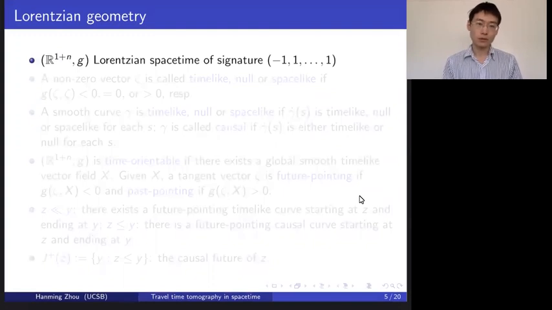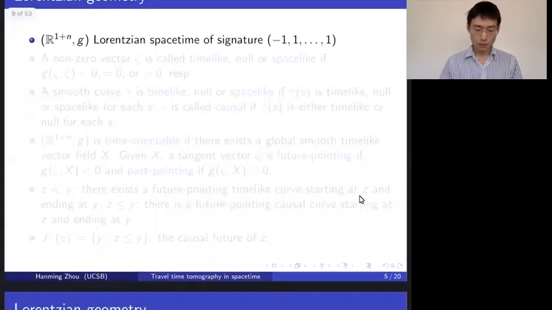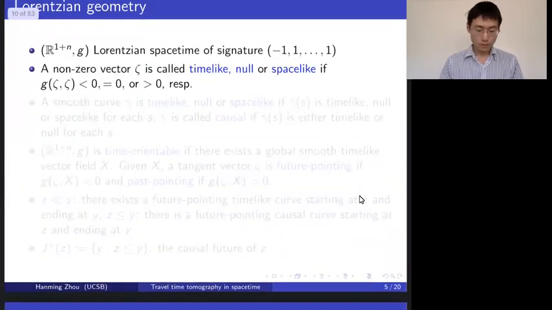So the time direction is negative and the spatial directions are positive. Given any non-zero vector, we call this vector time-like if its inner product with itself under this metric is negative, and it's null, or sometimes called light-like, if it equals 0. It's space-like if its inner product is positive.